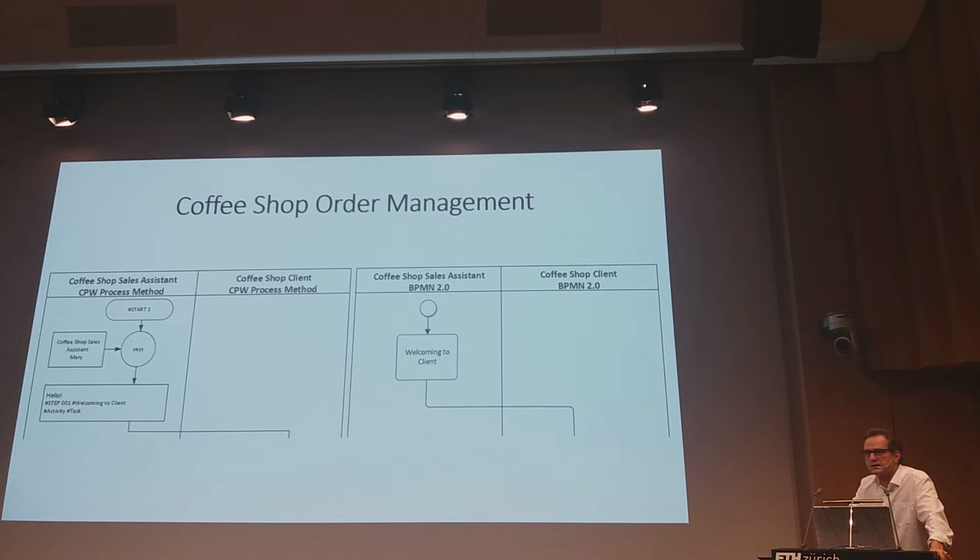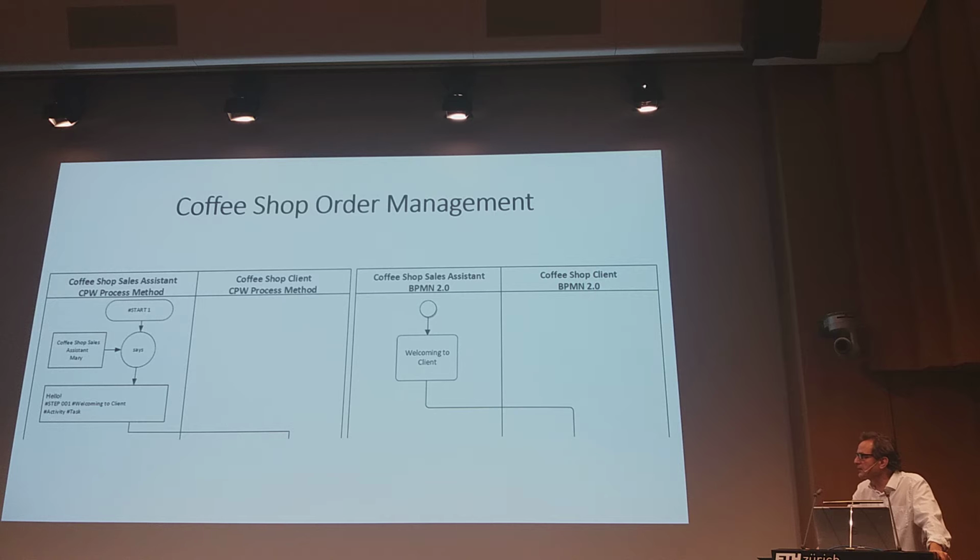So you see the whole simple sentence represented with a CPW subject, a CPW predicate, and a CPW object. The process step is represented in direct speech: Mary says hello. In addition, you see in the CPW object with step 001 hashtag welcoming to client.